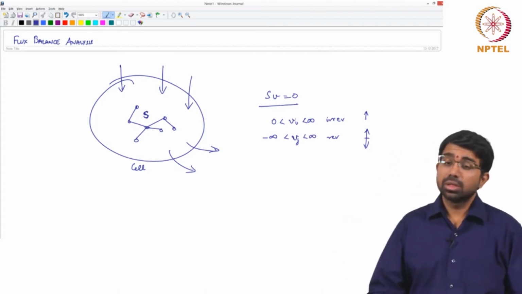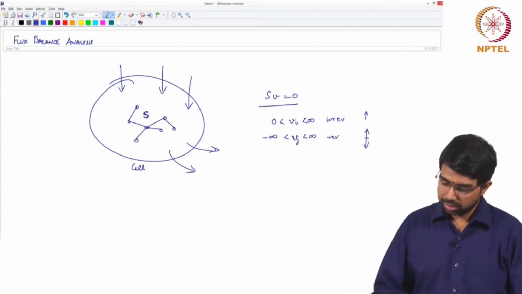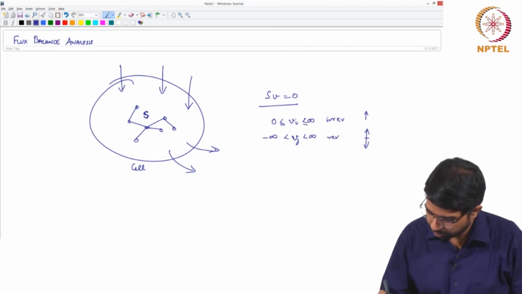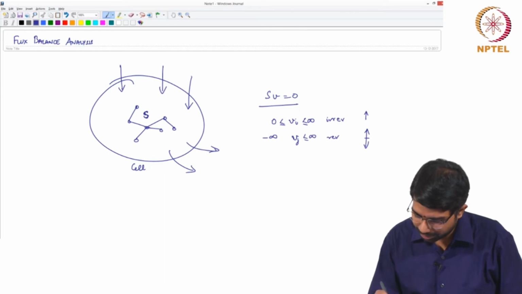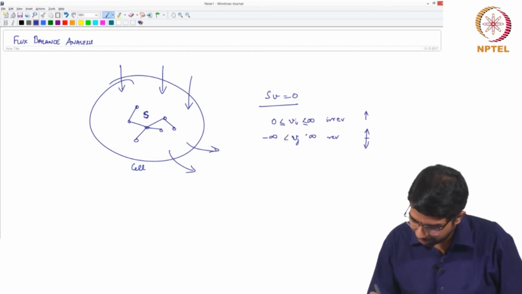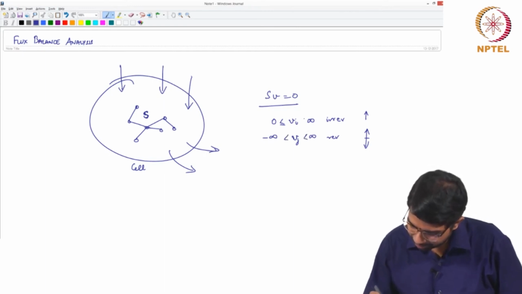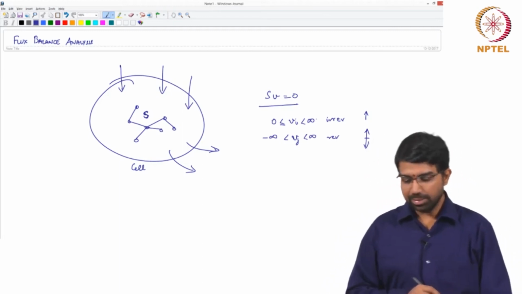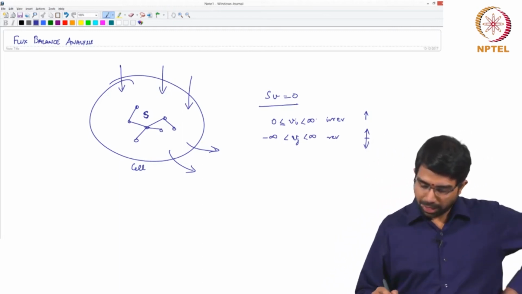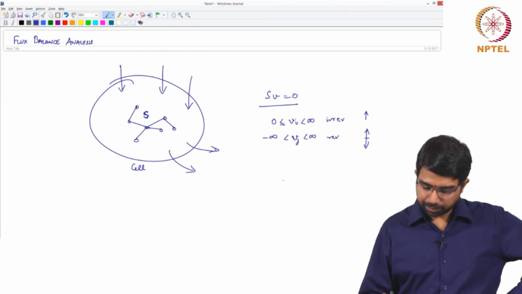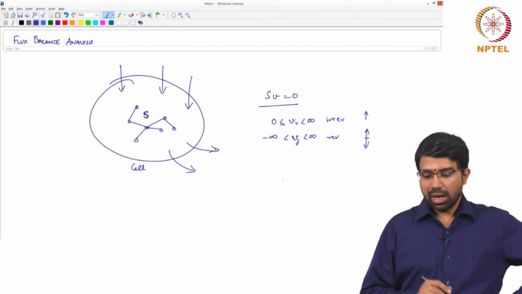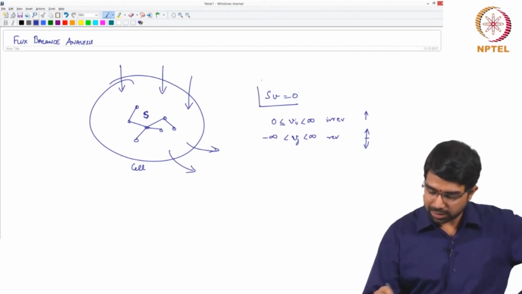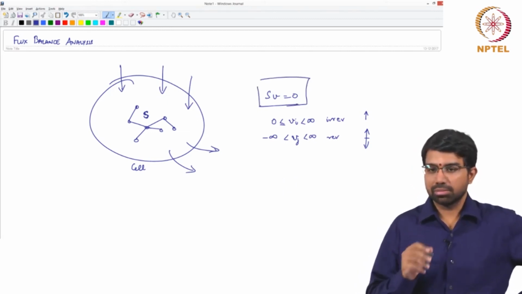So, you can have it, okay, maybe you should not put less than equal to for infinity, but right. So, it can be 0 of course.